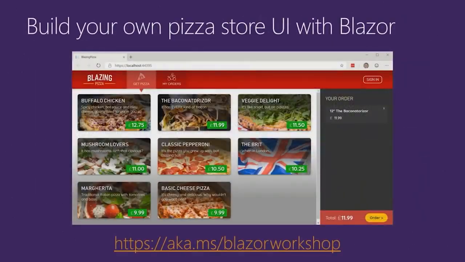All right, so that's Blazor in action. This is just the beginning of what Blazor is capable of. To learn more about Blazor and its component model and all of its features, definitely go check out the Blazor docs on the blazor.net site. Work through the tutorials there. We also have a free public open source Blazor workshop that you can work through at aka.ms/Blazor workshop.